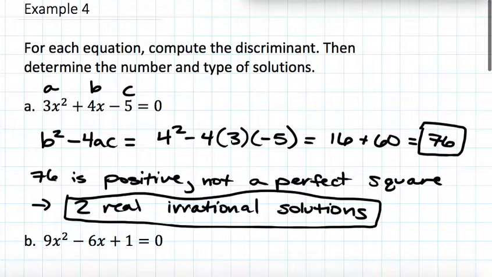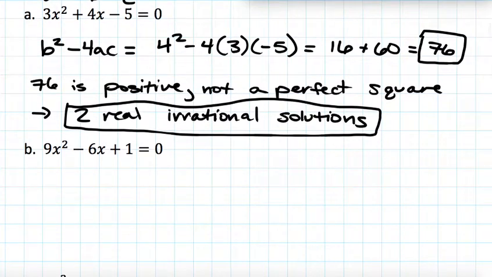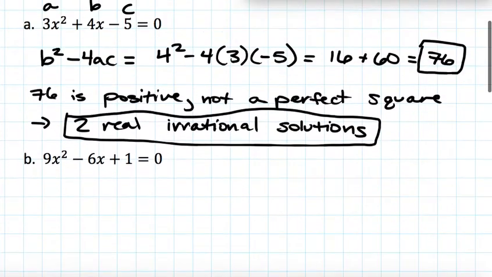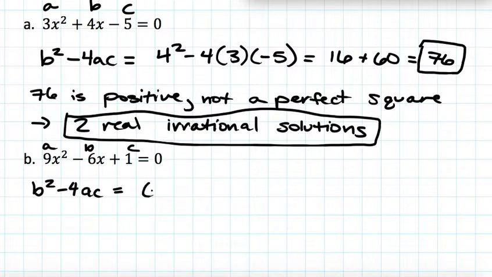Next, we're going to look at part B. First, we're going to identify a, b, and c. Again, we want to have 0 on one side, which in this case, all three of these examples, I already have that. But just make sure a, b, and c. Plug into b squared minus 4ac. b is negative 6.